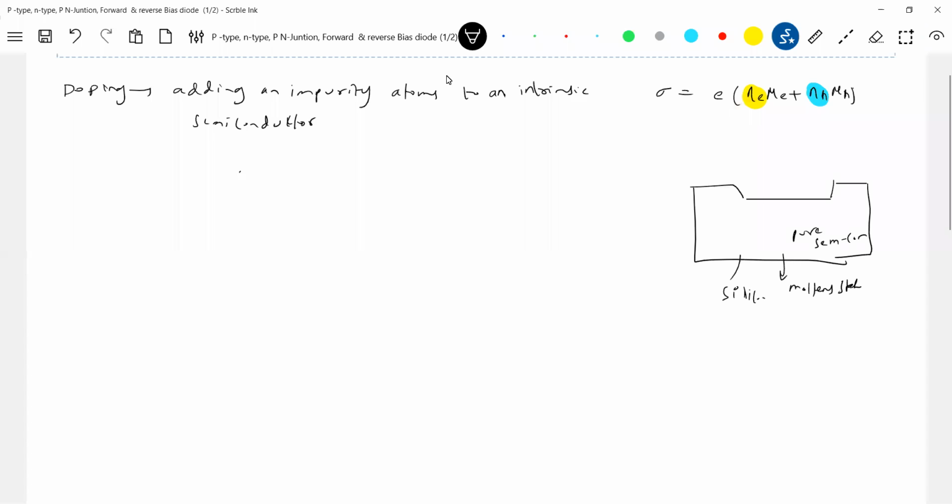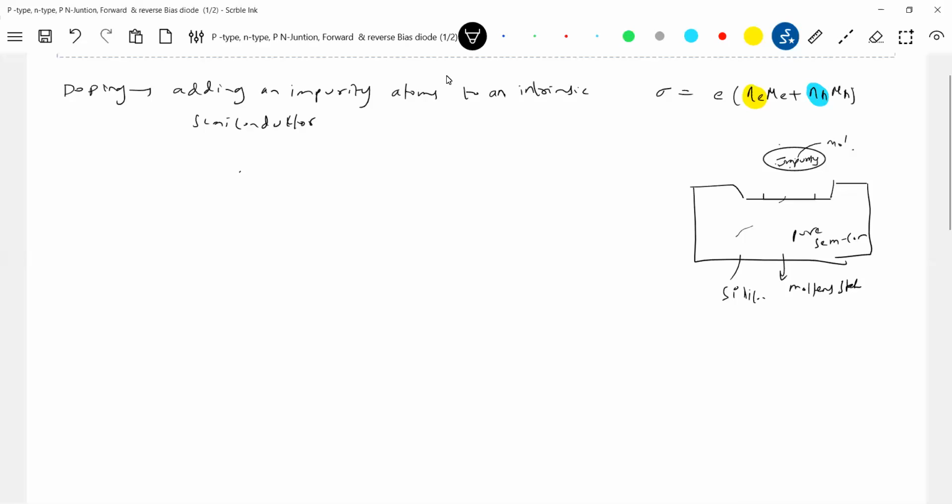Here I'll add impurity atoms, which are also in molten state. The moment I place this molten liquid here, it will undergo diffusion, because here the concentration of impurity atoms is more and here it is less. So they'll start diffusing. If this is solid, it is not possible; they cannot mix up. Therefore, they will be in molten state.